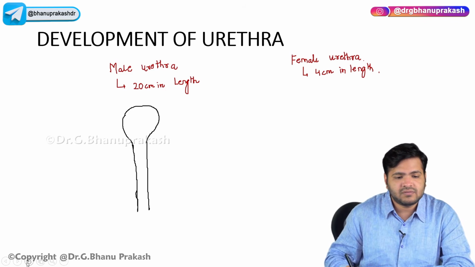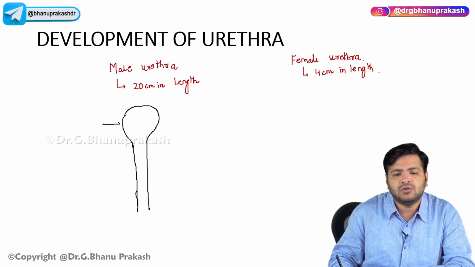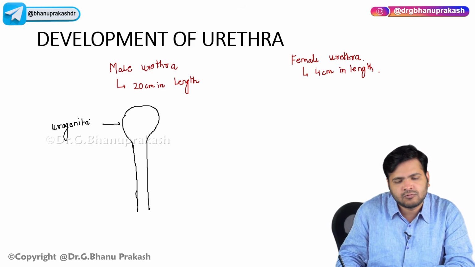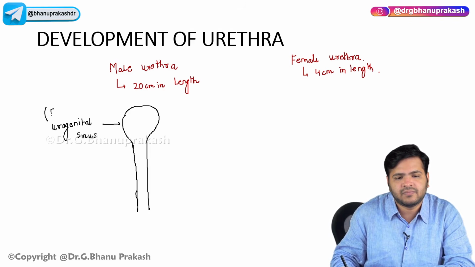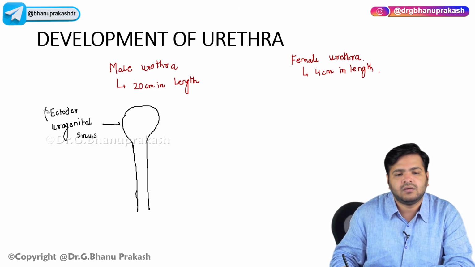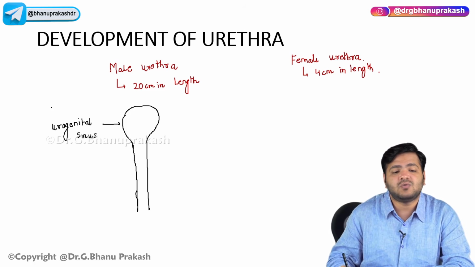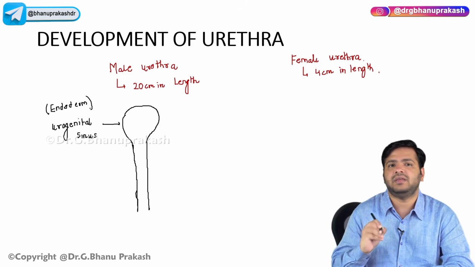Now, you already know this is the urogenital sinus. You already know the urogenital sinus is endodermal in origin.